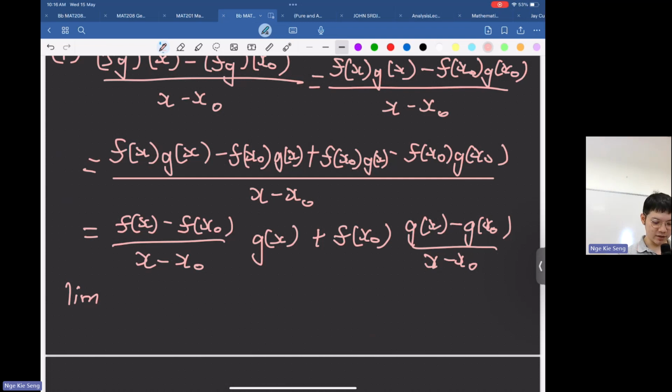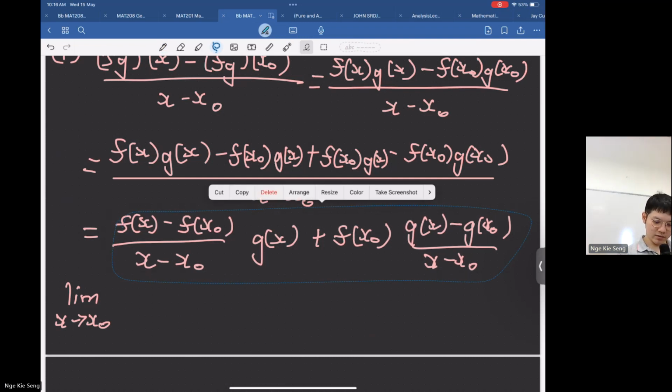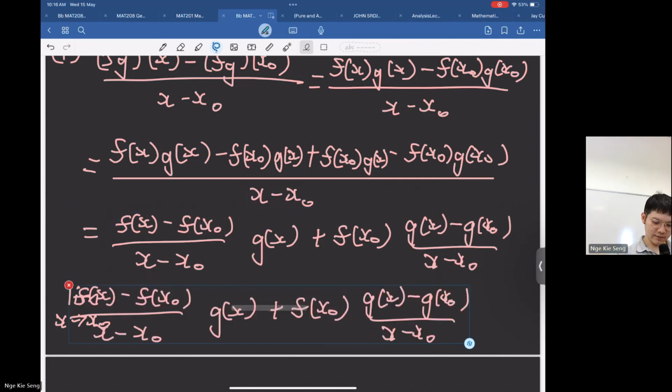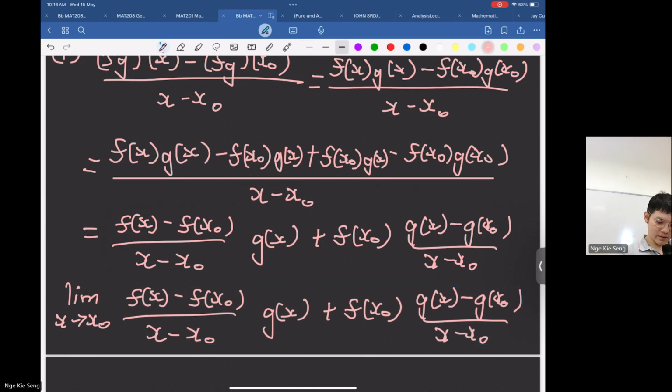So we look at the limit as x goes to x naught of this whole thing here. What do we know about the limit of this whole thing? We know that this limit converges. This one is a constant number.